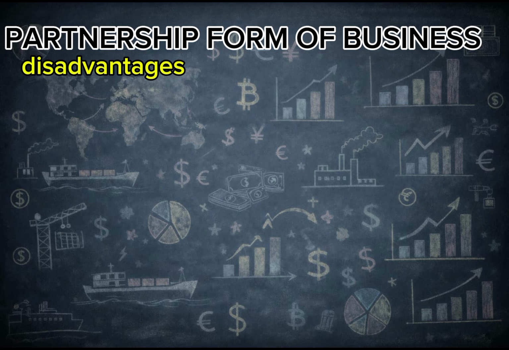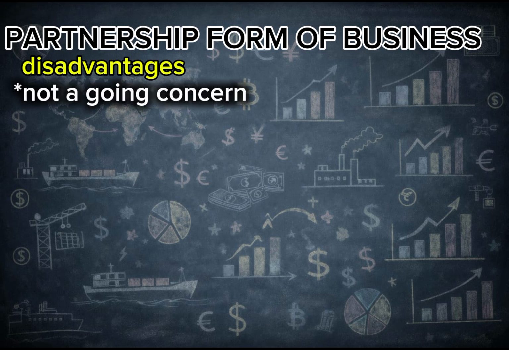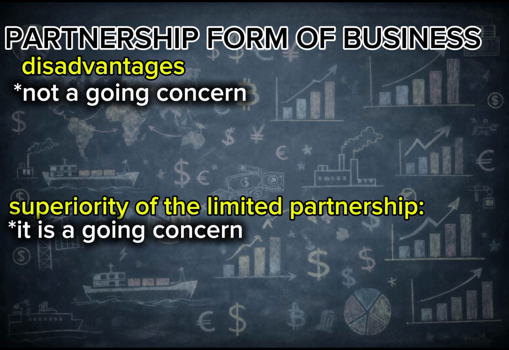Also, like the sole proprietorship, the partnership form of business is not a going concern, which means if one of the partners dies or one of the partners pulls out of that partnership, the business has ended, except they reformat a new partnership. However, this is not the case in a limited partnership. In a limited partnership, even if one partner goes off, the partnership still remains intact.